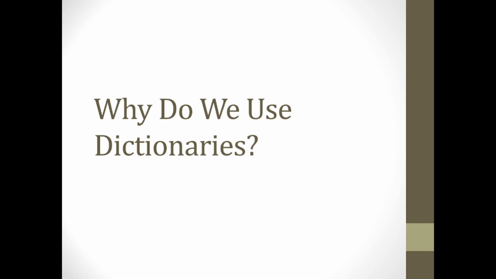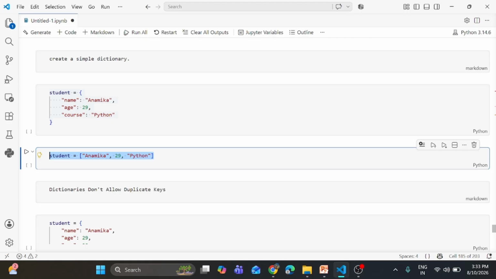Let's understand why we use a dictionary. Now you might be wondering, why do we need a dictionary when we already have a list? Okay, that's a very good question. A list stores values based on their position or index. For example, take a variable student and store the values in square brackets.